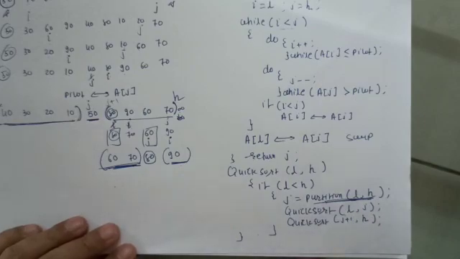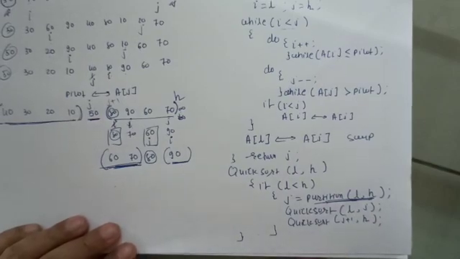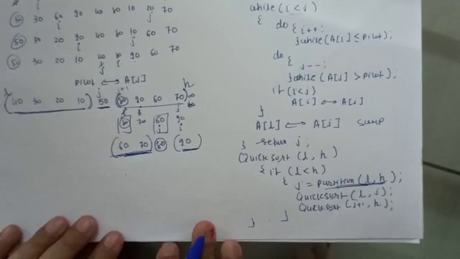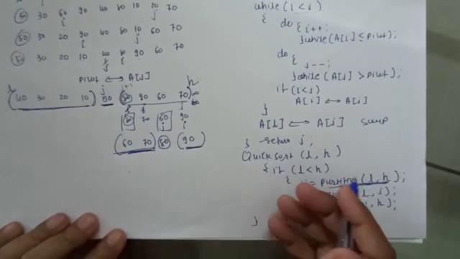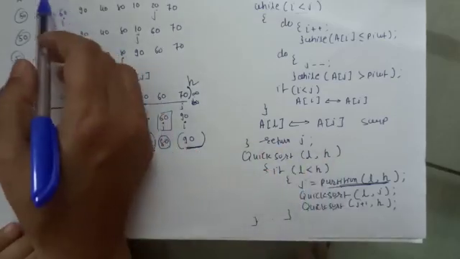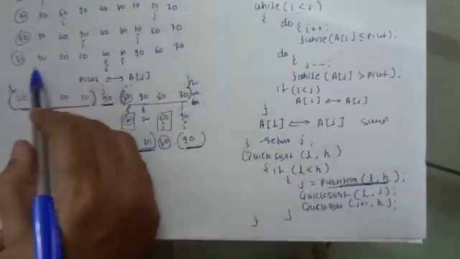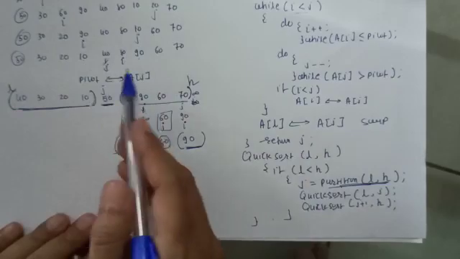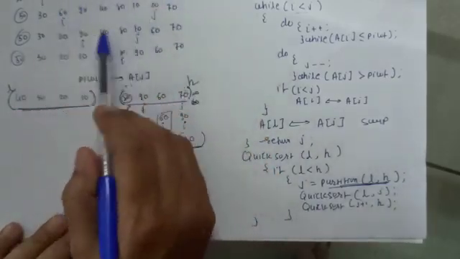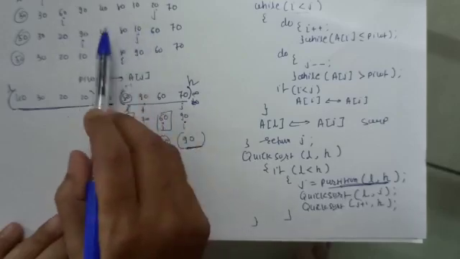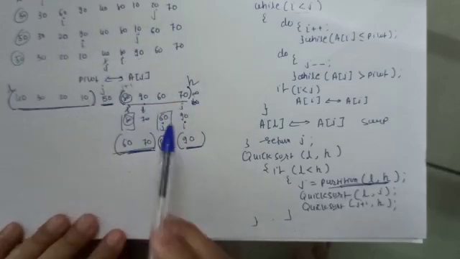Now let us discuss the complexity of this quick sort algorithm. Here this is the partitioning procedure, so we do comparisons and exchanges and all that. So definitely in the worst case n is the complexity of this partitioning procedure.